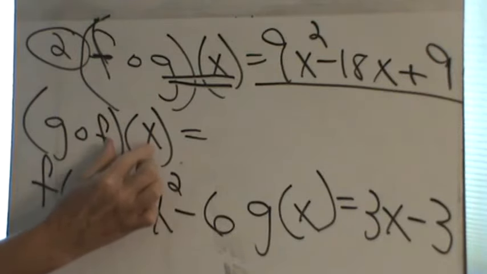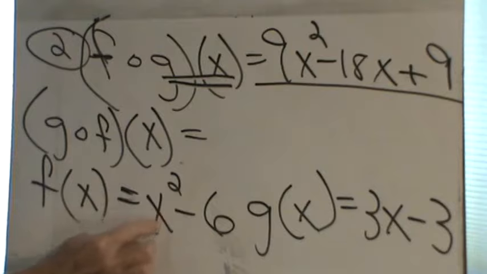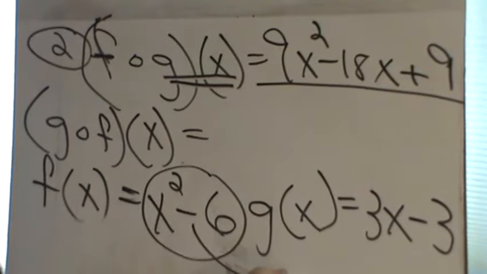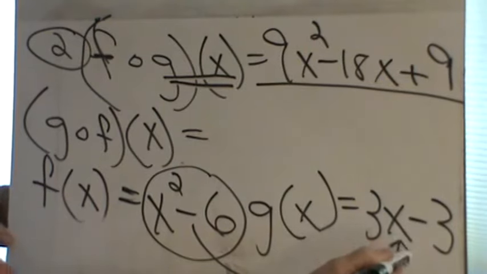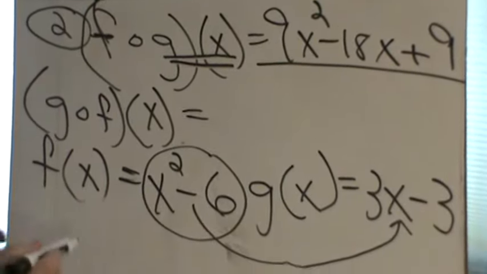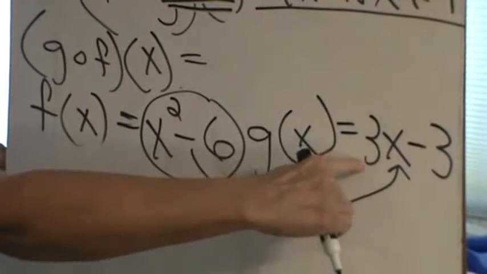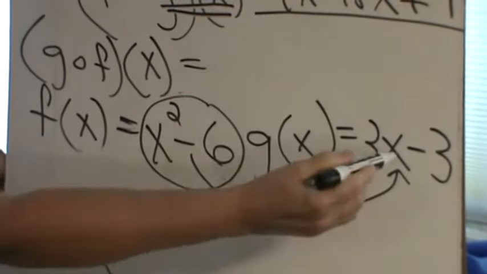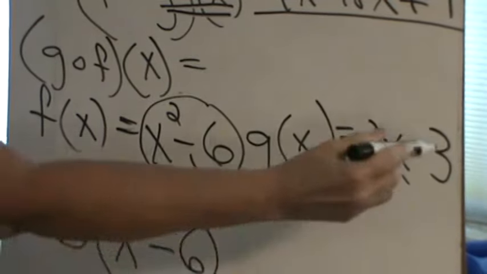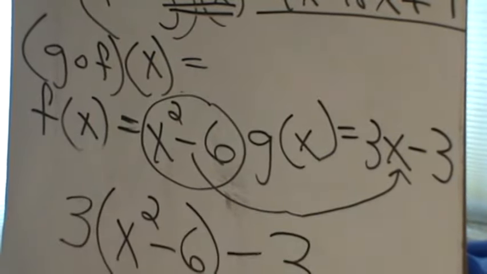Take your f of x, and put it into the g in place of x. So you'll still have that big 3 out in the front, but instead of x, you're going to send in this expression, but you'll still have your minus 3.